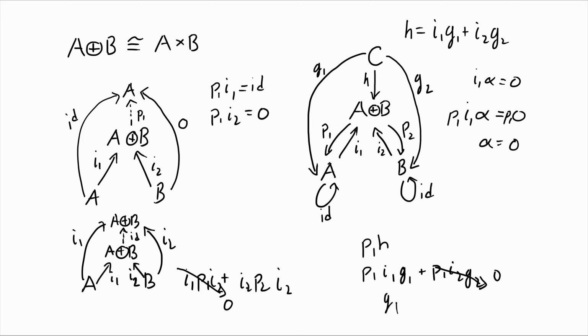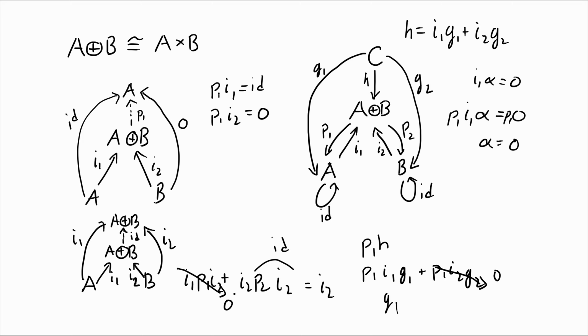And then I2 P2 I2, where P2 I2 would be the identity map, because P1 I1 is the identity. And what do we end up getting? We end up getting I2 itself. Oh, wow. Which makes this side commute. And similarly, it will commute on the other side.